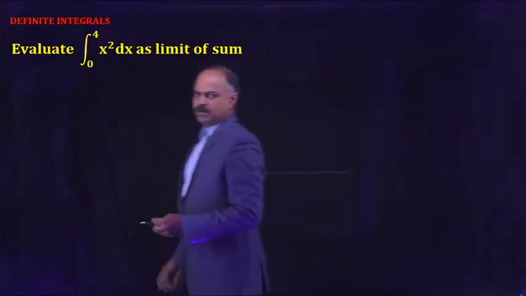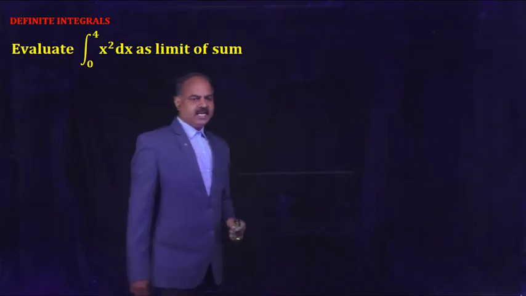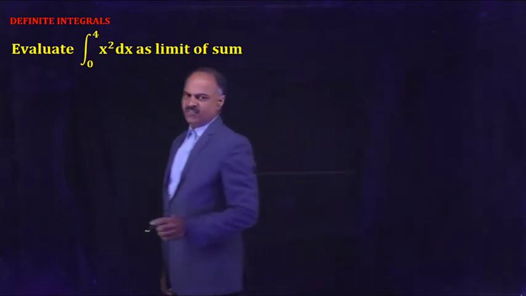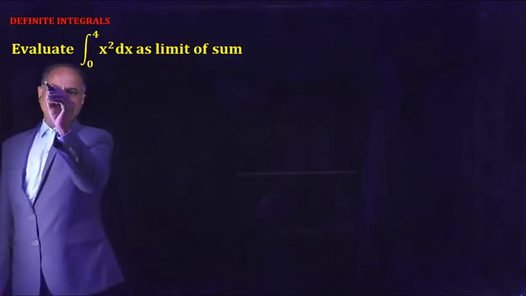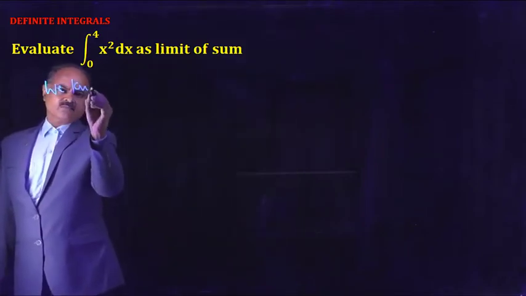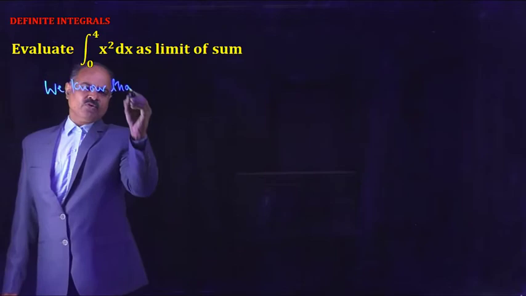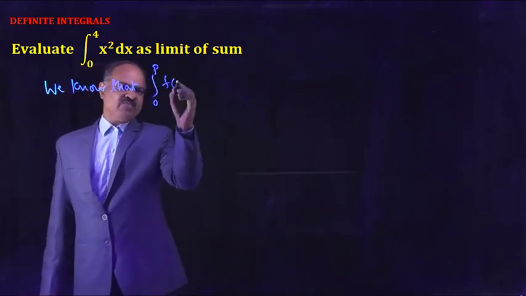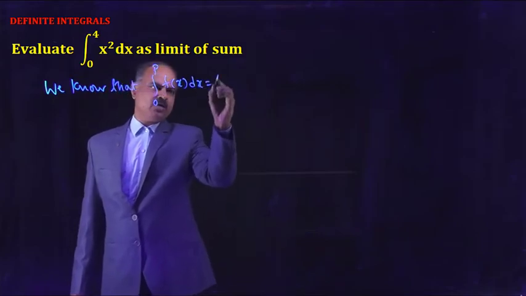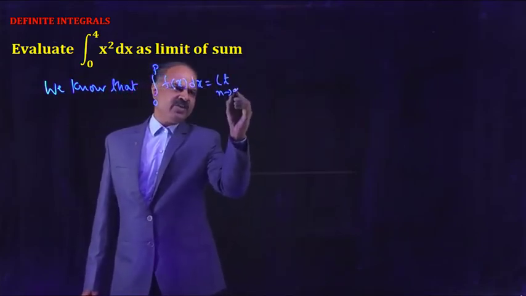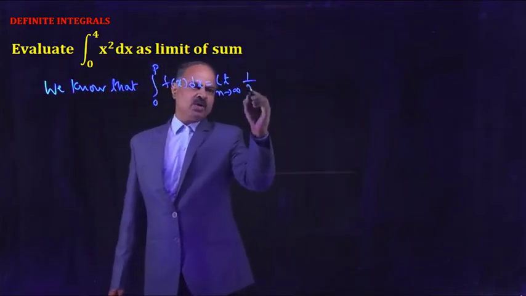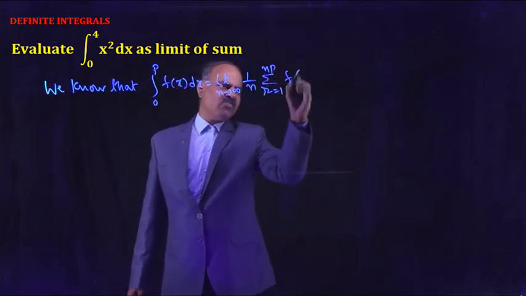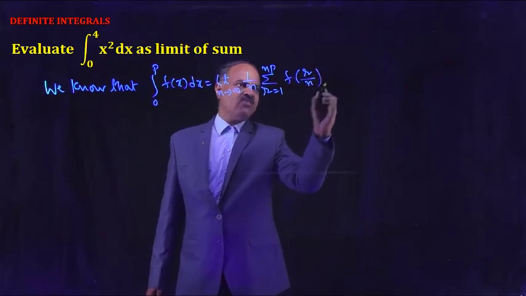Next problem. Evaluate integral 0 to 4 x square dx as a limit of a sum. We know that integral 0 to p f of x dx is equal to limit n tends to infinity 1 by n into sigma r equal to 1 to np f of r by n.